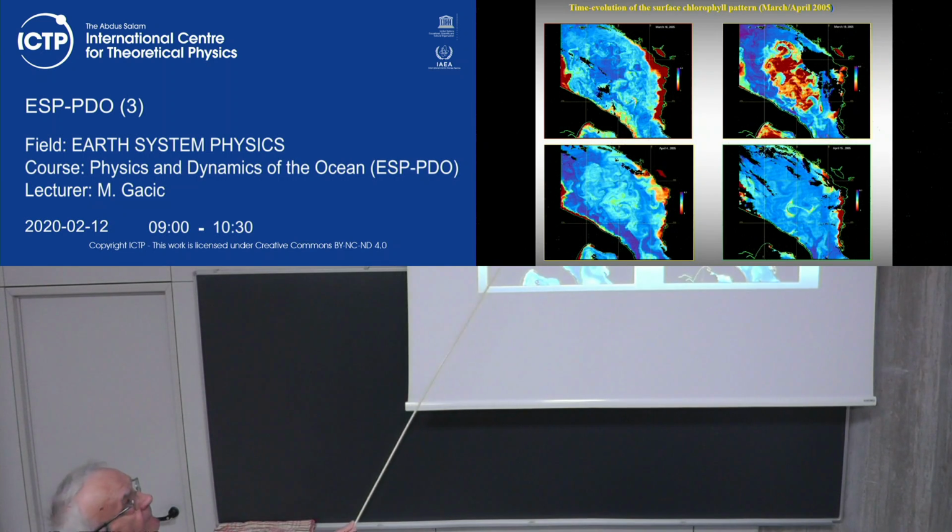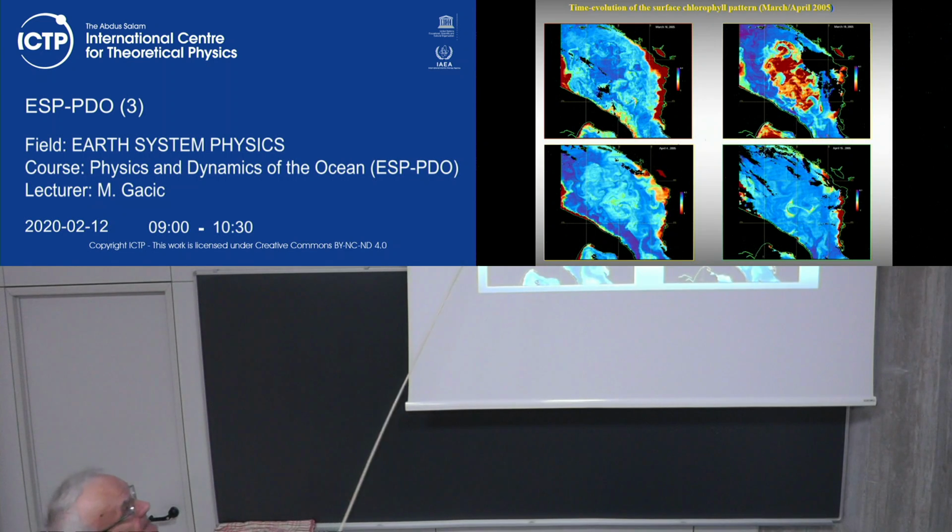Here you can see, for example, how the dense water formation appears in the winter of a specific year in the Southern Adriatic, which is the site of the dense water formation, the same as the Labrador Sea for the global conveyor belt.